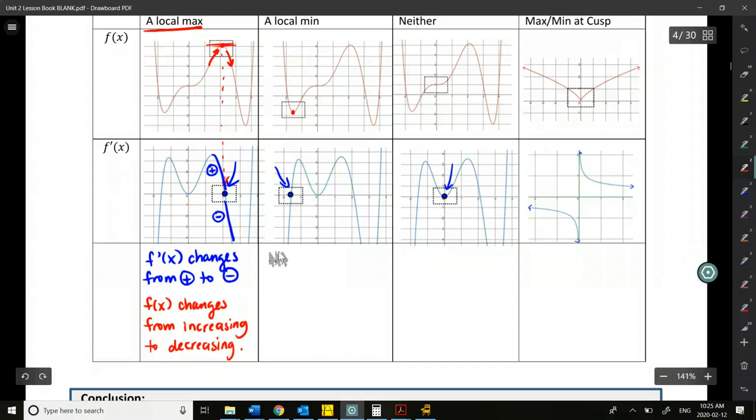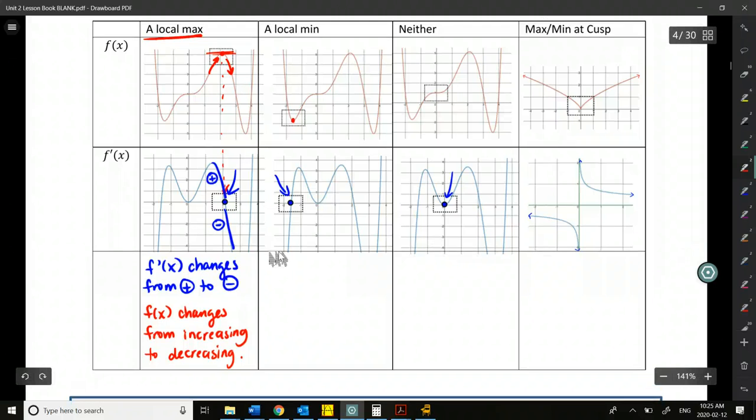So same thing here, we have a local min at this point. So slope of the tangent is equal to 0. That's what causes the 0 to occur for the derivative function. Okay, so this one we can see actually changes from negative to positive, and that's because the original function is changing from decreasing to increasing, and that's what causes the local min to happen. If I change from decreasing to increasing, I must have a valley happening there, right, where I have a local minimum.